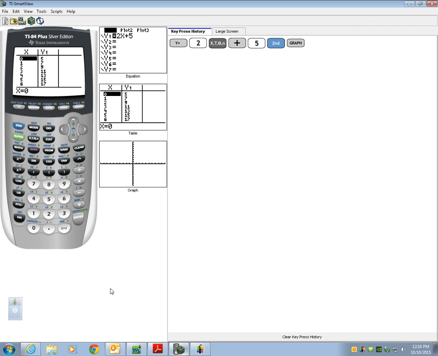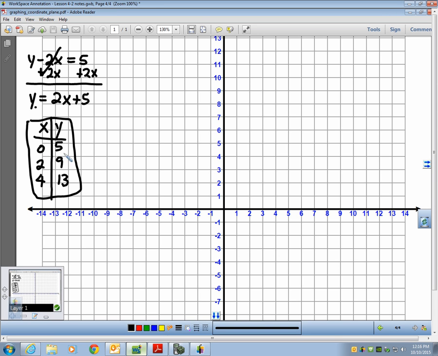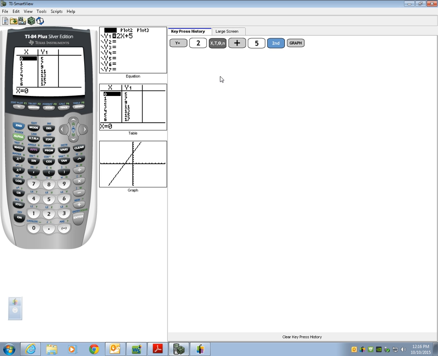Now remember earlier, I did this in my head just a minute ago, I have the points 0, 5, 2, 9, and 4, 13. Look at what my calculator has. Can you see 0, 5, and 2, 9, and 4, 13? In fact, the calculator gave me a whole bunch of points. I can use any of them I want.